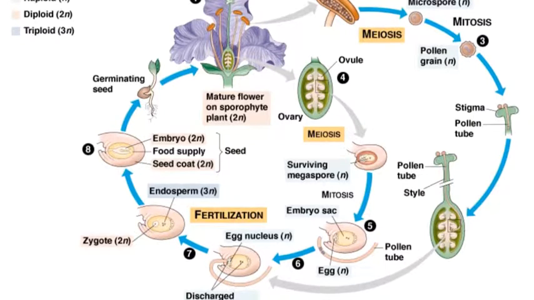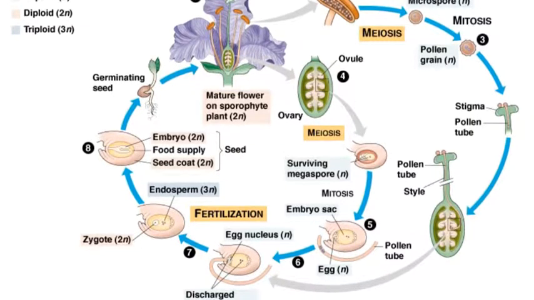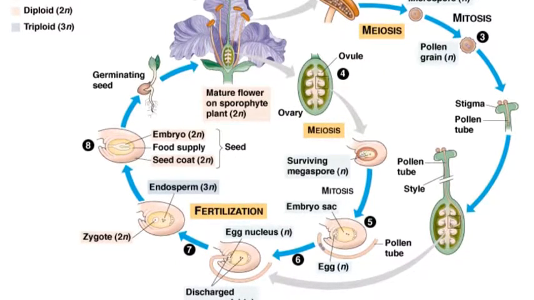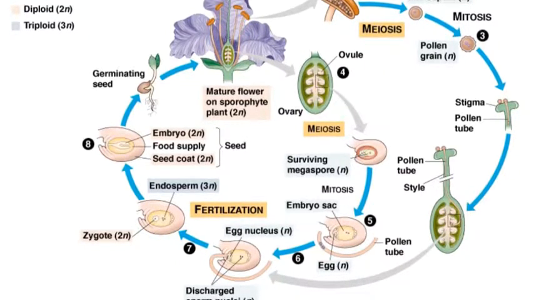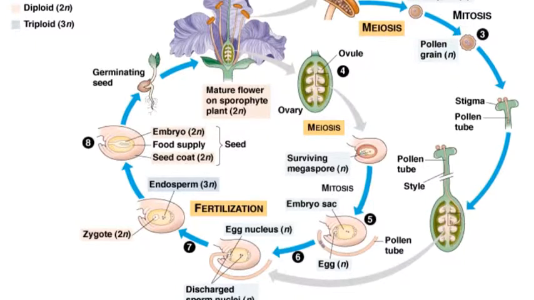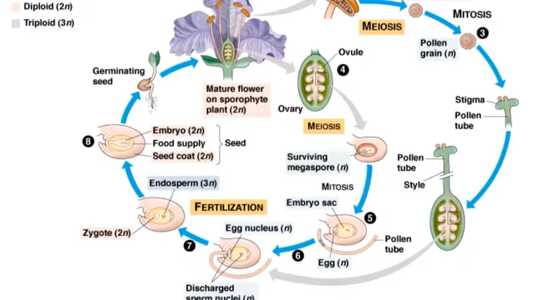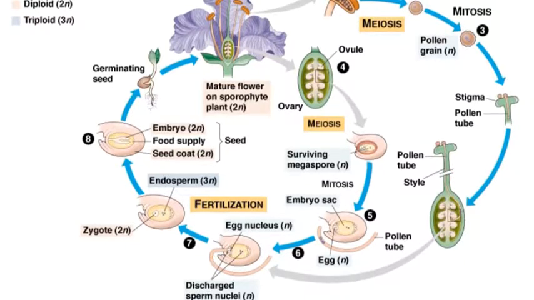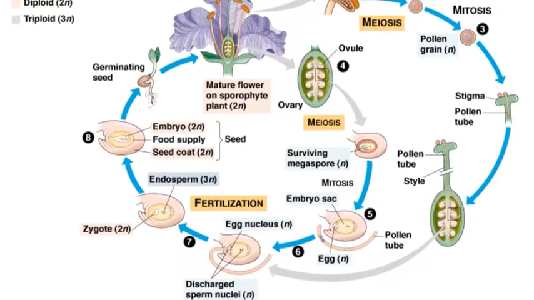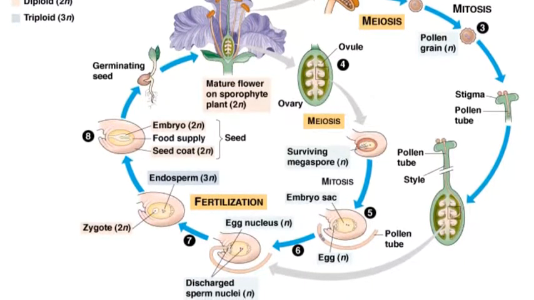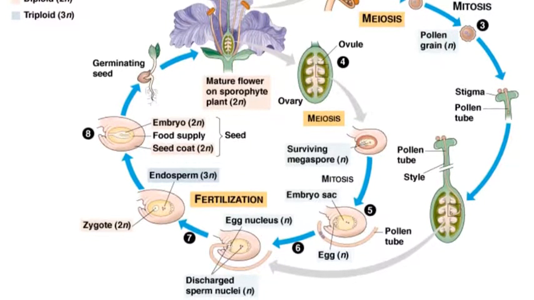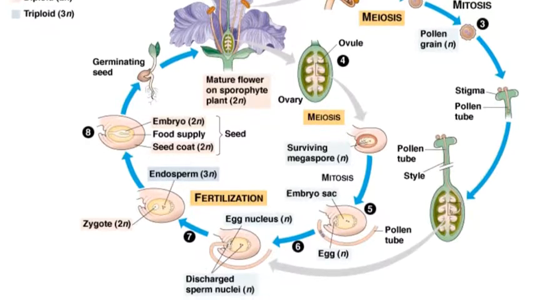The 1 sperm fertilizes the egg, and the other sperm would fertilize the 2 nuclei, making 3n. Here is where double fertilization happens. The egg becomes an embryo, 2n. The 3n becomes an endosperm, which becomes food.